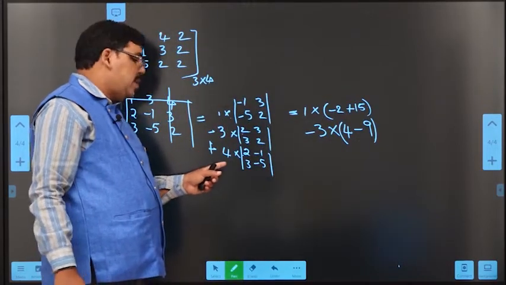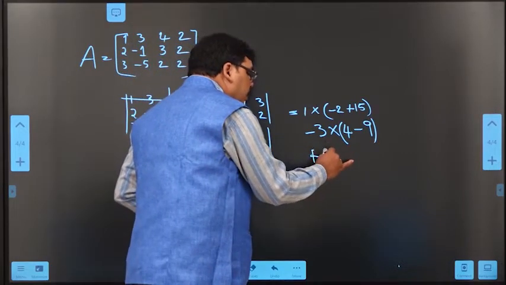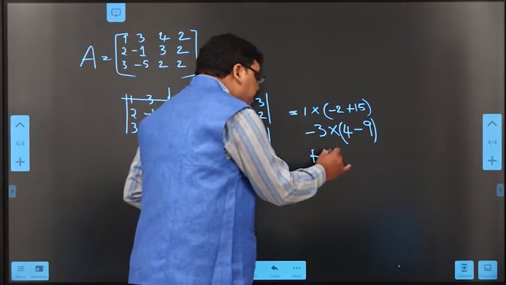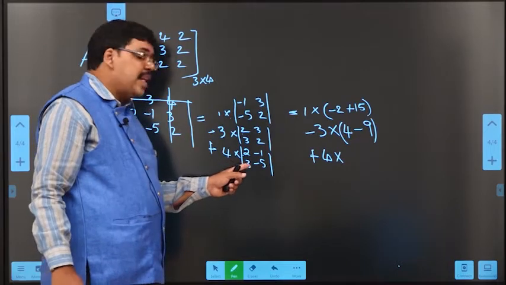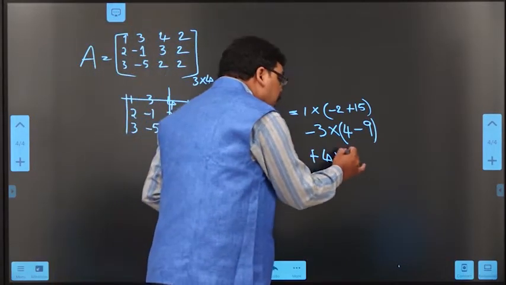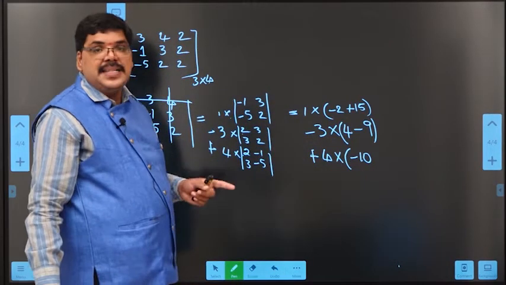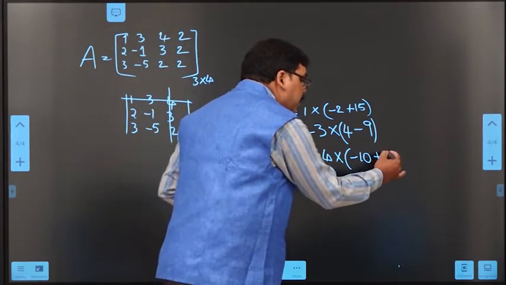Coming to the third term, plus 4 into this determinant: 2 into minus 5, minus 10, minus minus 3. Minus of minus becomes plus 3.